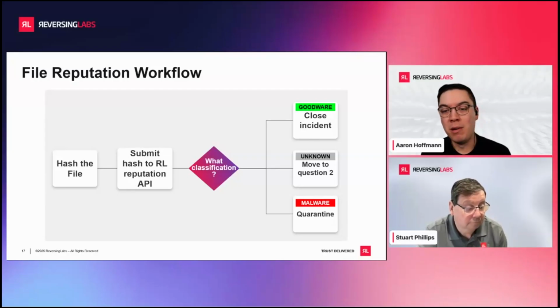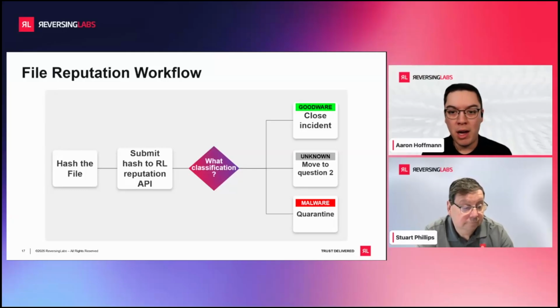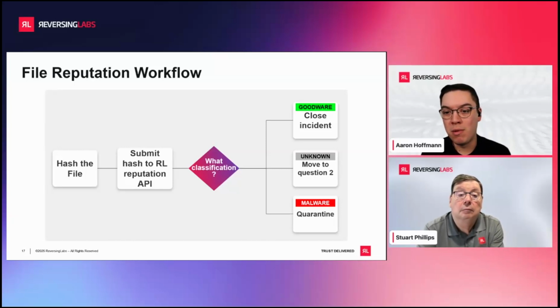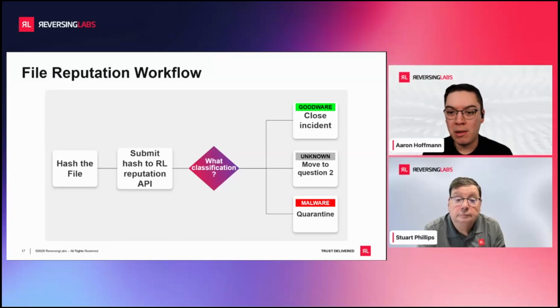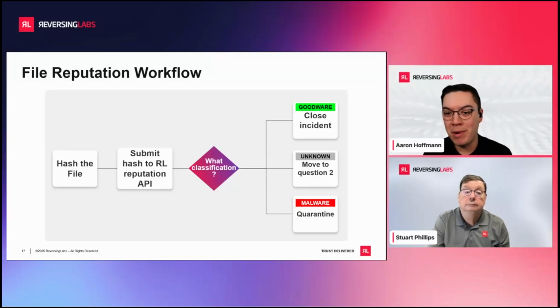So the real basic and obvious choices are, if you have a file that's benign, what we consider goodware, you can just close out that incident. It's not something that requires additional time from your SOC analyst. They can move on to more important work. If the file is malicious, what we consider malware, you might want to perform some type of workflow to remediate that issue, quarantining the file or even the endpoint to prevent any additional spread.